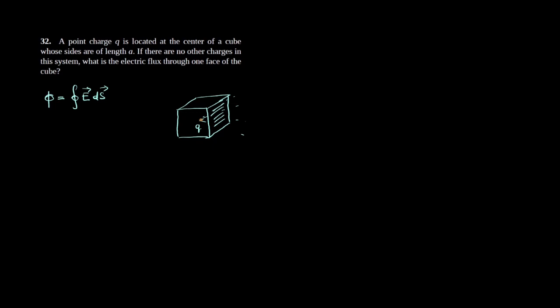According to the Gauss law, it's equal to 4 pi k Q enclosed, right? Since Q enclosed is equal to Q, I can write it Q only, and this is the total flux.